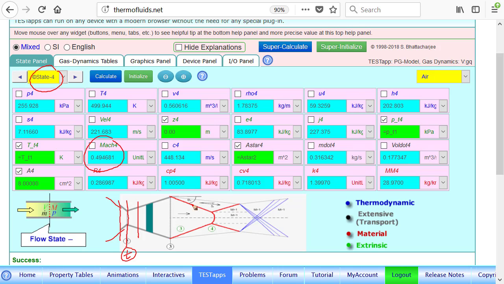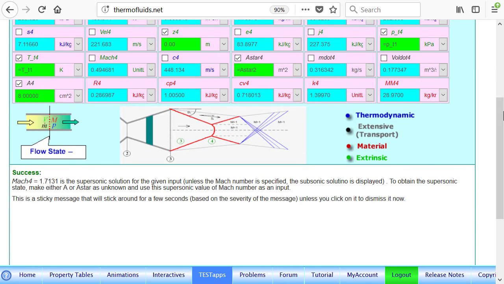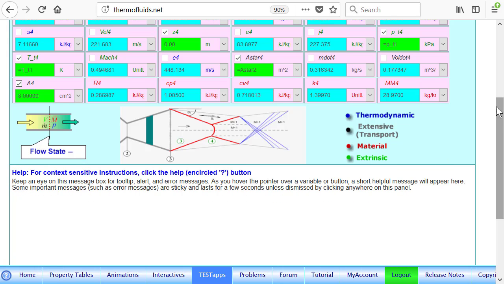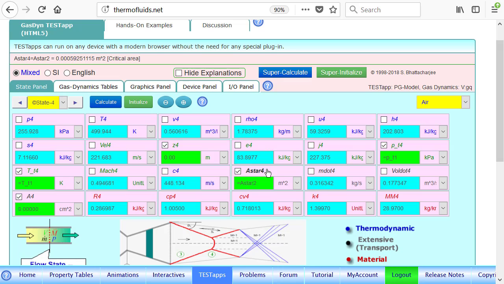So that's why in this case, when you calculate the state, it comes with a message at the bottom that says there are two solutions. Mach 1.713 is the supersonic solution. In other words, we are looking for the supersonic solution. So now that we know 1.713 is our Mach number on the supersonic side, we'll take one variable off, suppose the area we don't know, and we'll specify the Mach number 1.713.